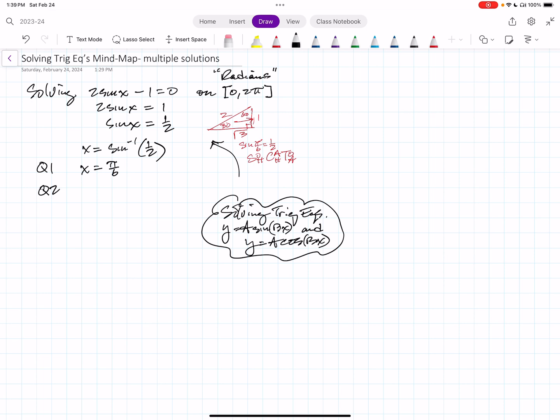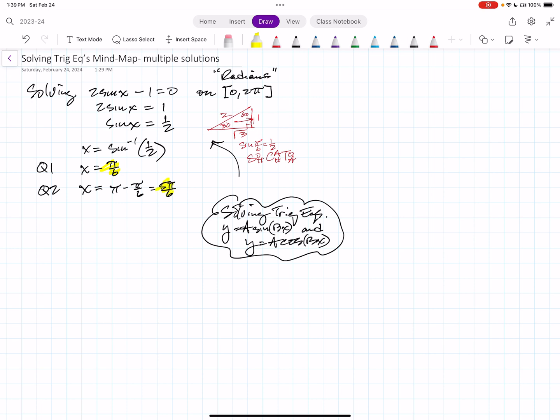So express your answer in radians. And then to get from quadrant 1 to 2, you take your angle and subtract it from pi. So the method here is pi minus your reference angle, which is 5 pi/6. And if you look on the unit circle, the sine of 5 pi/6 is still 1/2. It has the same value. So we have 2 solutions here, pi/6 and 5 pi/6.